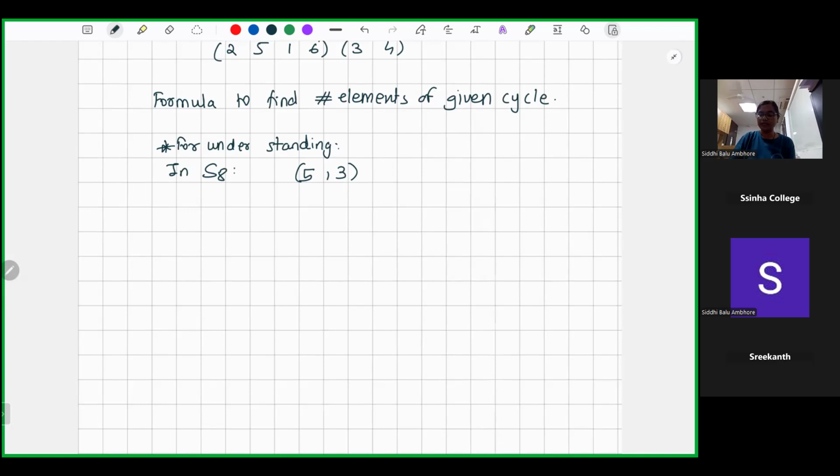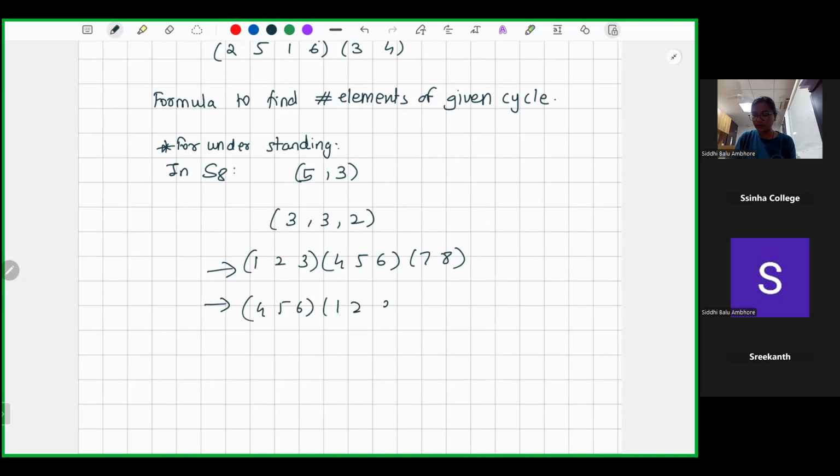But if I take something of this kind, 3, 3, 2, then if I take the element (1 2 3)(4 5 6)(7 8) and the element (4 5 6)(1 2 3)(7 8), they are actually the same. They both represent the same sigma in S8.